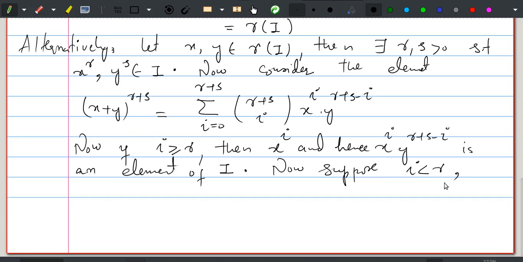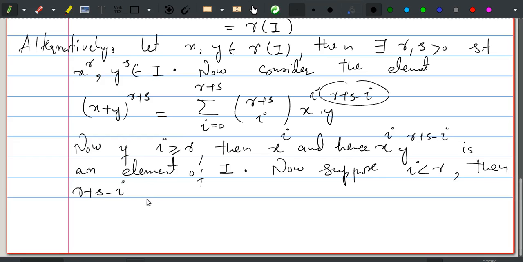Now if i is less than r, then r plus s minus i is bigger or equal than, since i is less than r, r plus s minus r, so this is equal to s. So this means this sum over here is bigger than s.